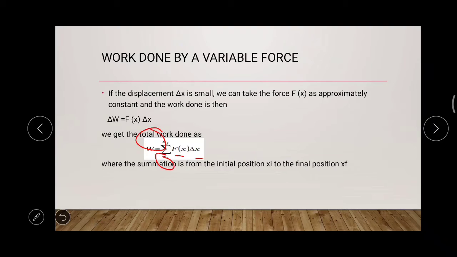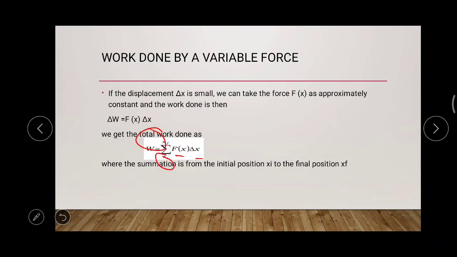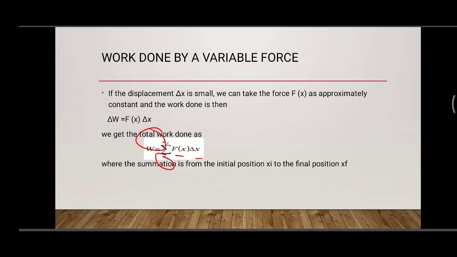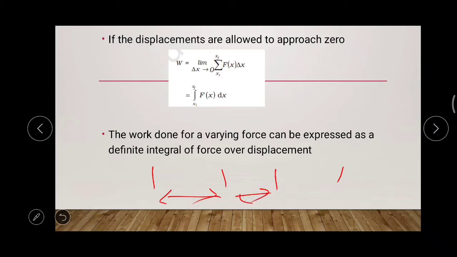Now, this is the case of a discrete force distribution. Suppose it is distributed continuously, then consider the displacement between these points, suppose x1, x2 and x3, where the forces are f1, f2 and f3.